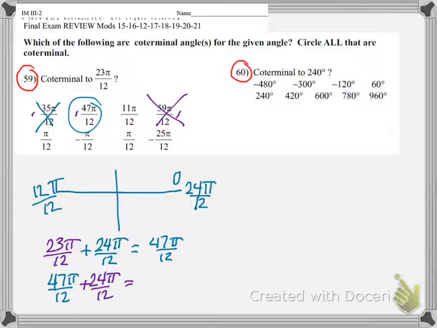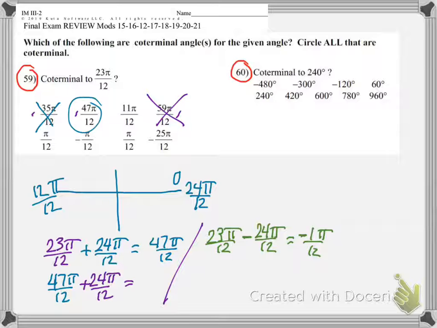I started at 23 pi over 12. Is there anything else bigger than that? Nope. So now I'm going to look for things that are smaller than that by going back to the start, which was 23 pi over 12, and subtract a full circle. Subtract 24 pi over 12. I just went from positive 23 to negative 1.